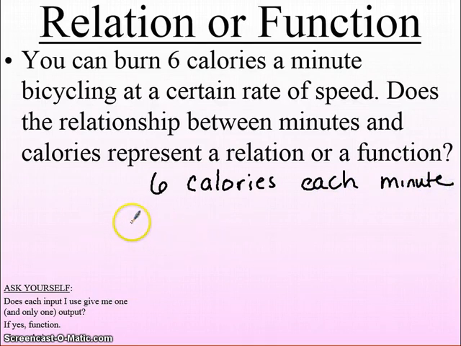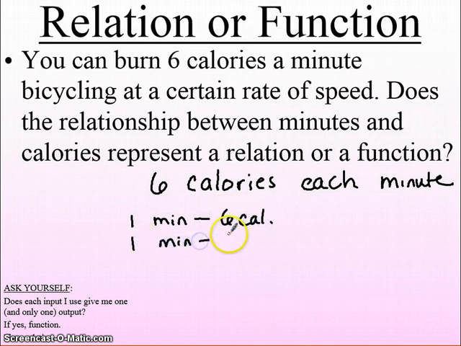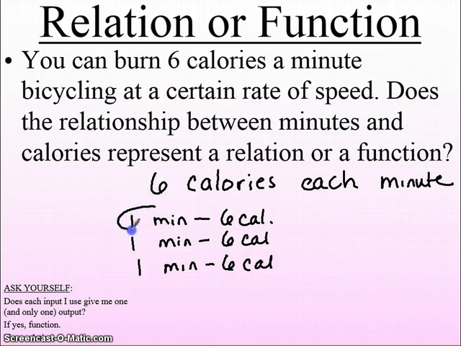So if I bike for 1 minute, that would be 6 calories. If I bike for another minute, that would be 6 calories. If I bike for another minute, that would be 6 calories. So you can see that the input always results in the same output.